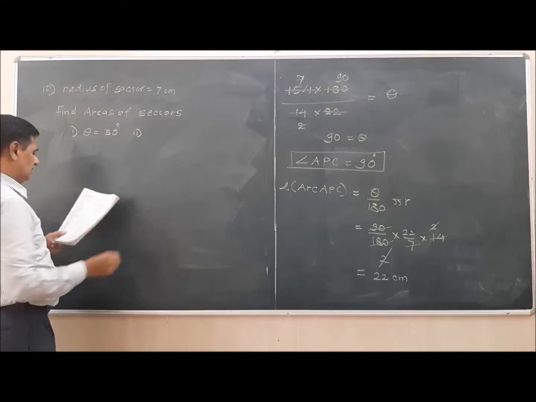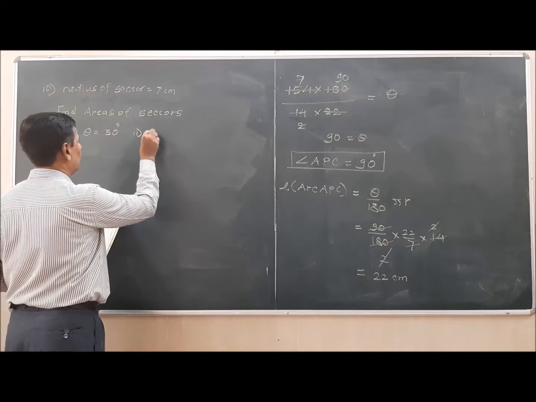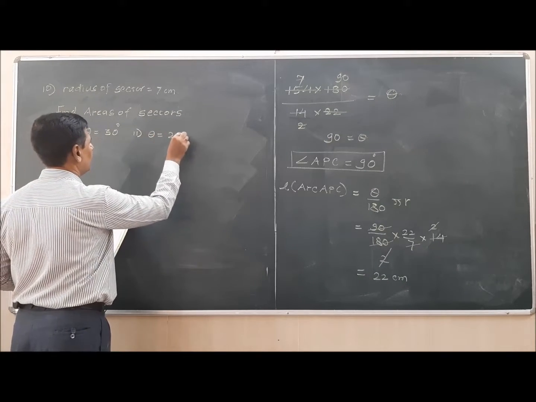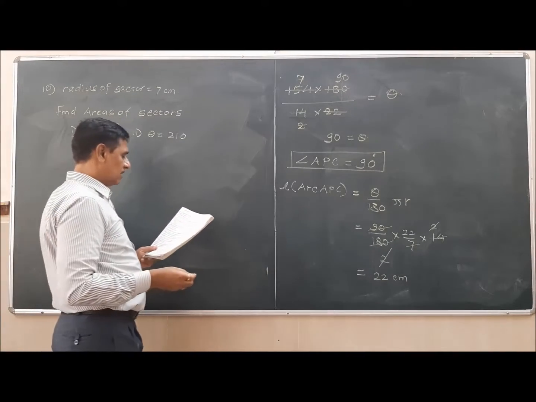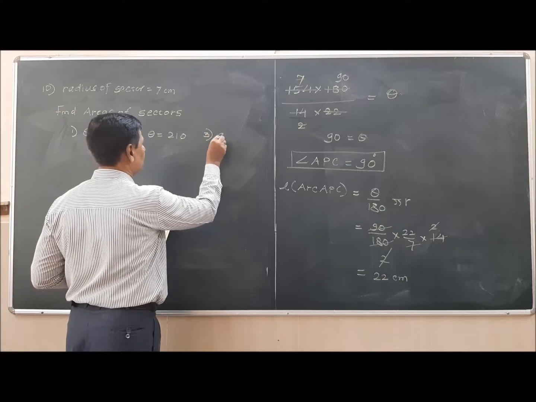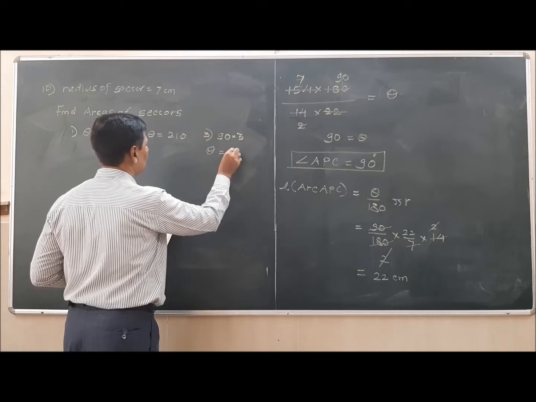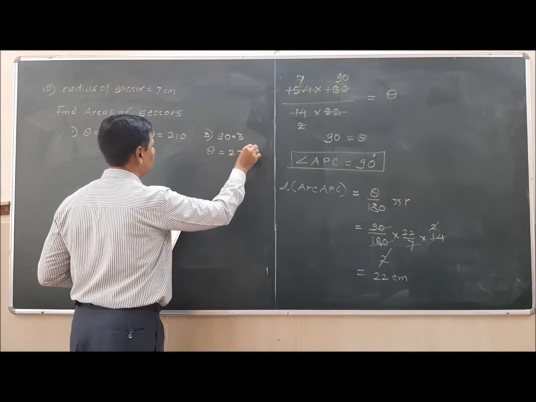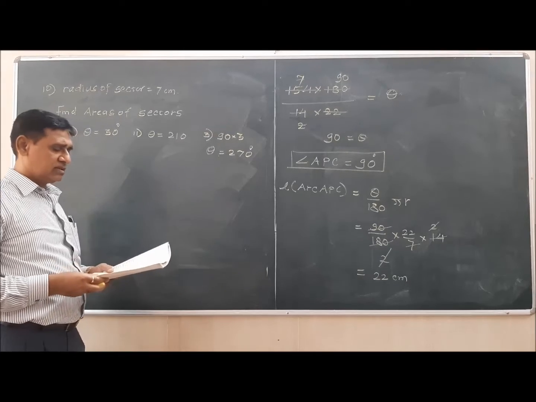In the second case, they have given central angle as 210. And in the third case, they have given central angle as 3 right angles, means 90 into 3. So theta is equal to 270. The formula is the same all over. Okay, so let's begin here.